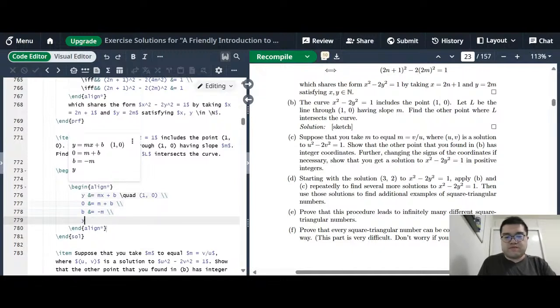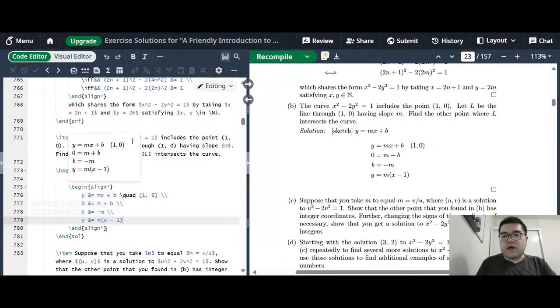So we can jump to the result right away. In slope form we get y equals mx plus b, but another way of writing it is the x-intercept form: y equals m times (x minus 1). Okay, so this is what we have so far.